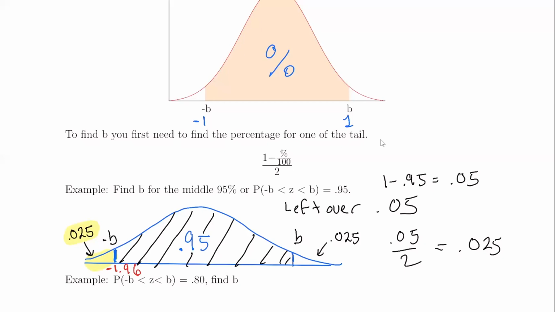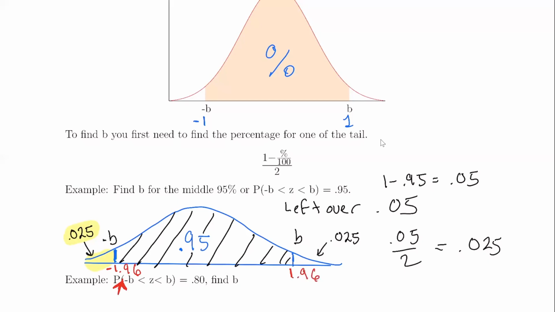All right. So I have the negative 1.96 over here. If you remember, we're trying to find b values or z values that are exactly the same number. The only thing different is they have different signs. So if that's negative 1.96, then this one has to be positive 1.96.